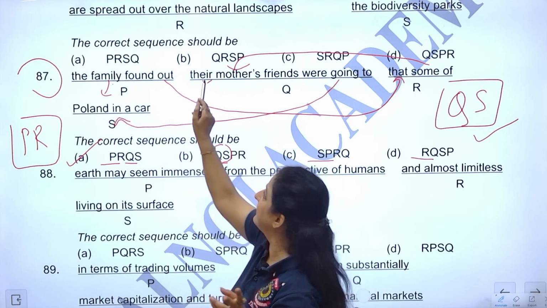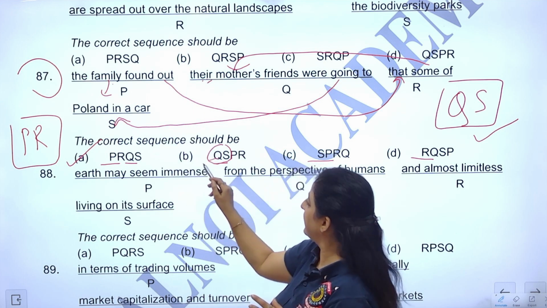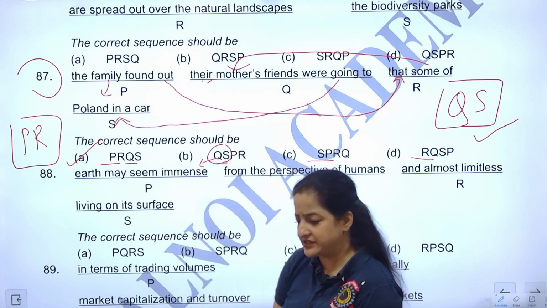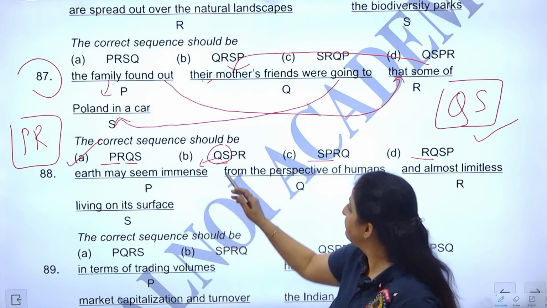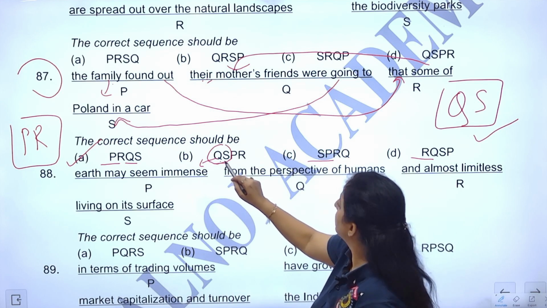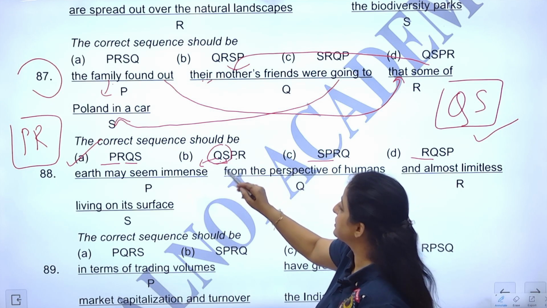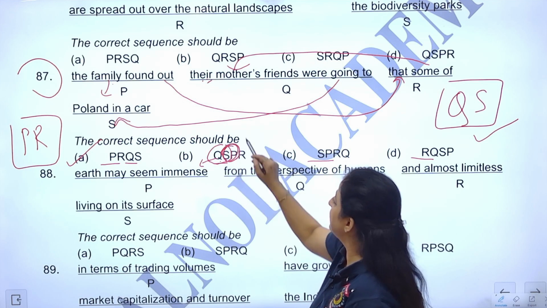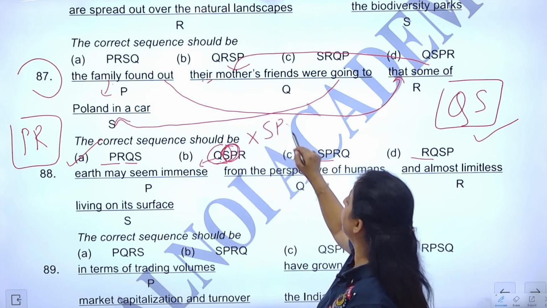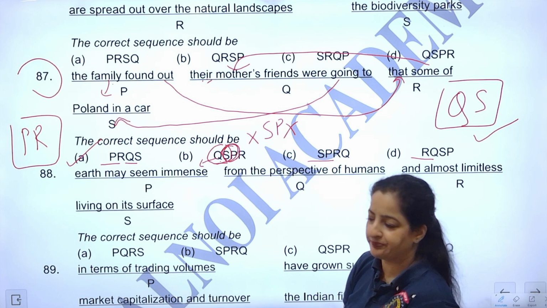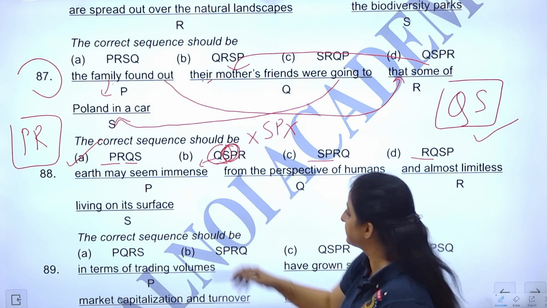Yeah, the noun and then the pronoun. But then this is directly beginning with a pronoun. Still okay, we will give it a chance. Their mother's friends were going to Poland in a car and then the family found out. S and P, if you see, S and P do not connect. Yeah? P is not connecting with S. Rule out.